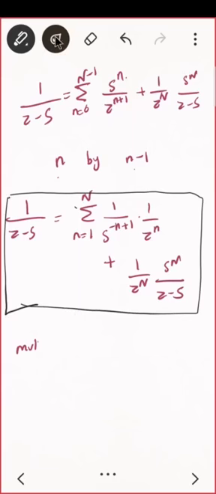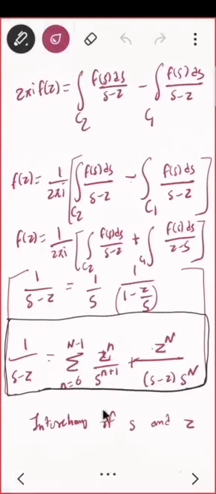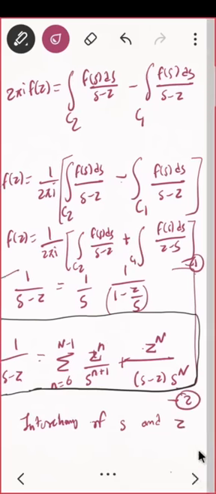Okay, so you can write this as equation number, the original one I call 1, this I call 2, and say this is equation 3.